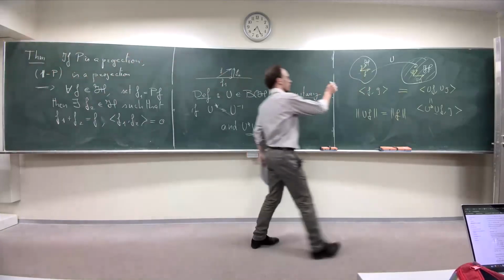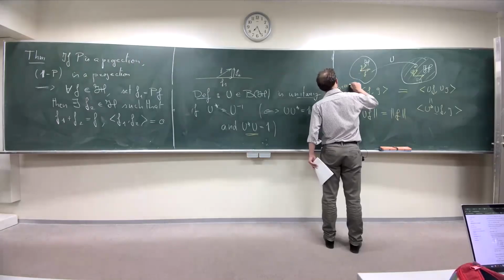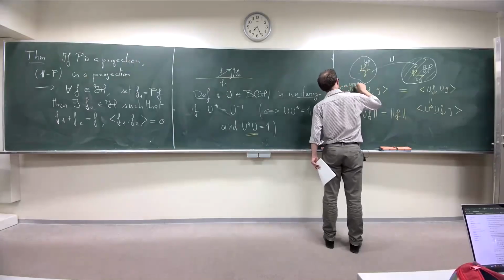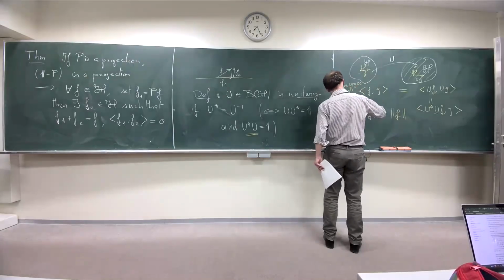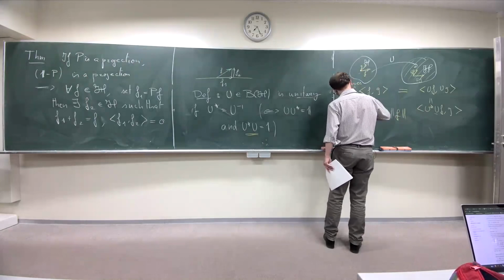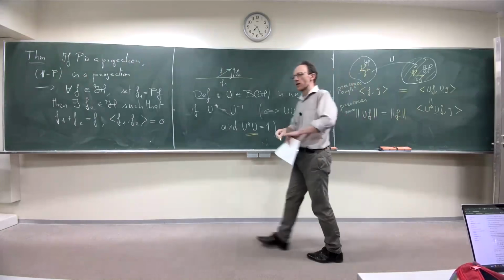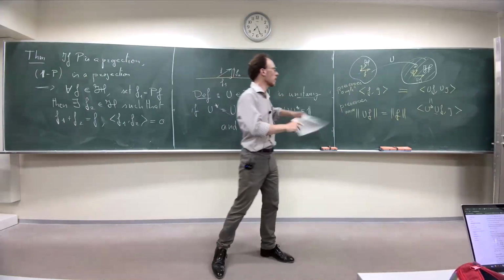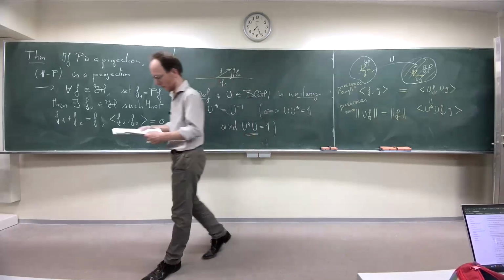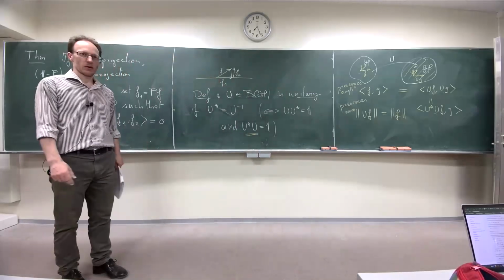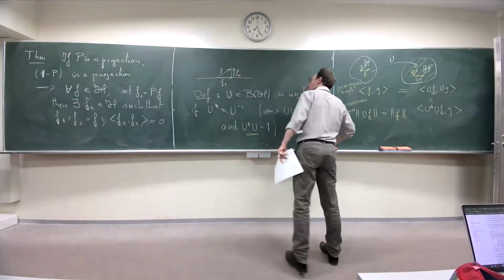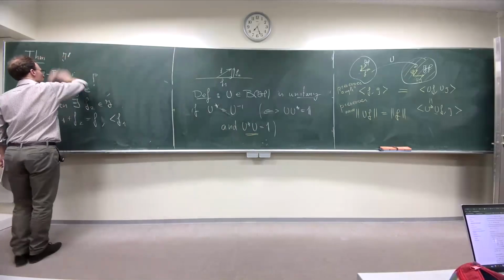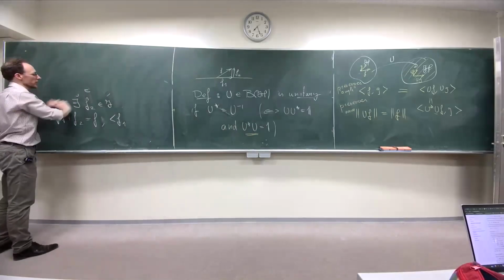So a unitary transformation preserves angles or scalar product and preserves the norm. So it's very useful. With a unitary transformation, you change your point of view, but you preserve the angle or scalar product and you preserve the norm. So when you have a unitary operator, it's very good. Now you're not always so lucky.